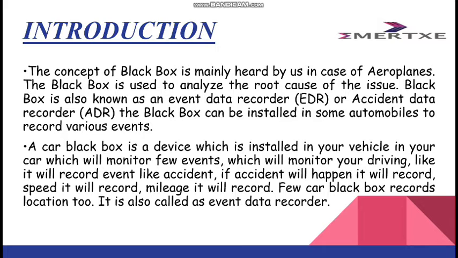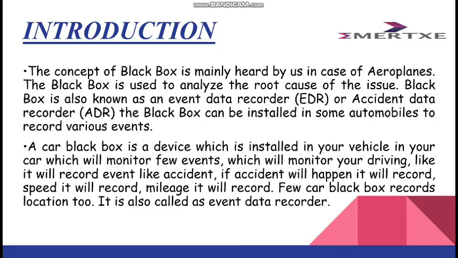A car black box is a device which is installed in your car, which will monitor your driving. It will record events like accidents, then it will record the speed, mileage, and other parameters. A few car black box recorders also record the locations.